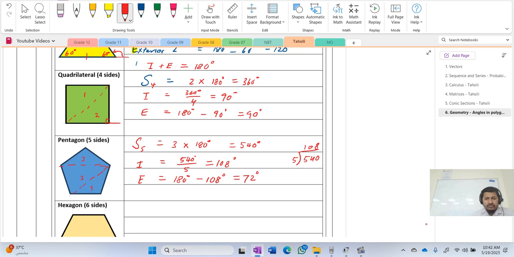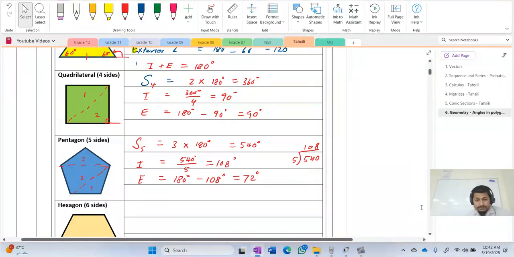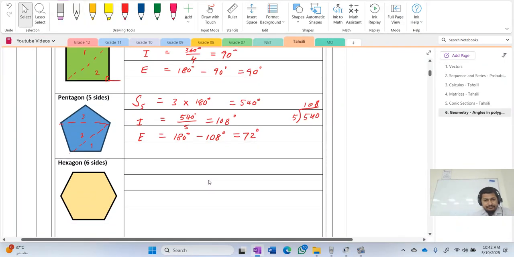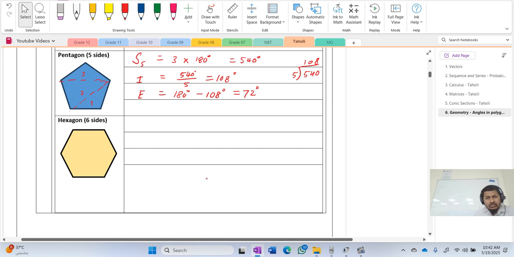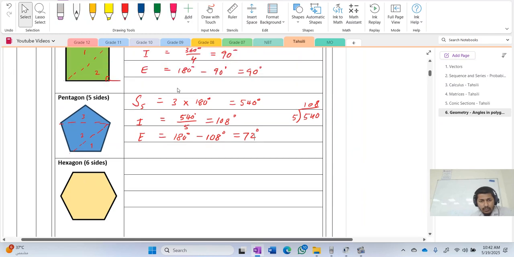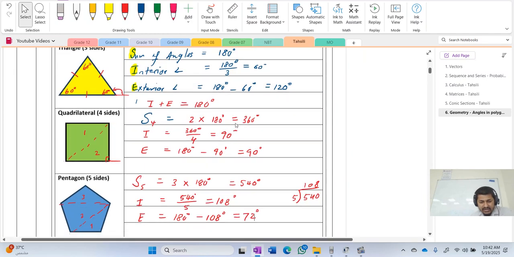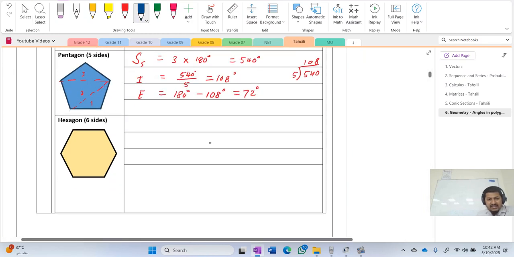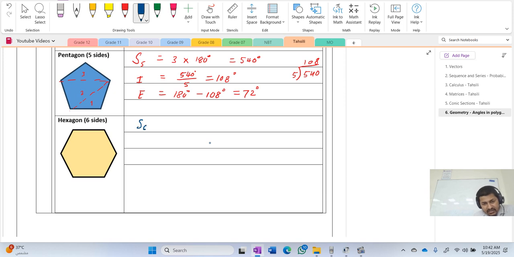Now let's look at the hexagon. I'm sure you might have figured out the pattern here. S5 is 3 times 180, S4 is 2 times 180, so obviously S6 is equal to 4 times 180 degrees. So that's 4 times 180, which is 720 degrees.